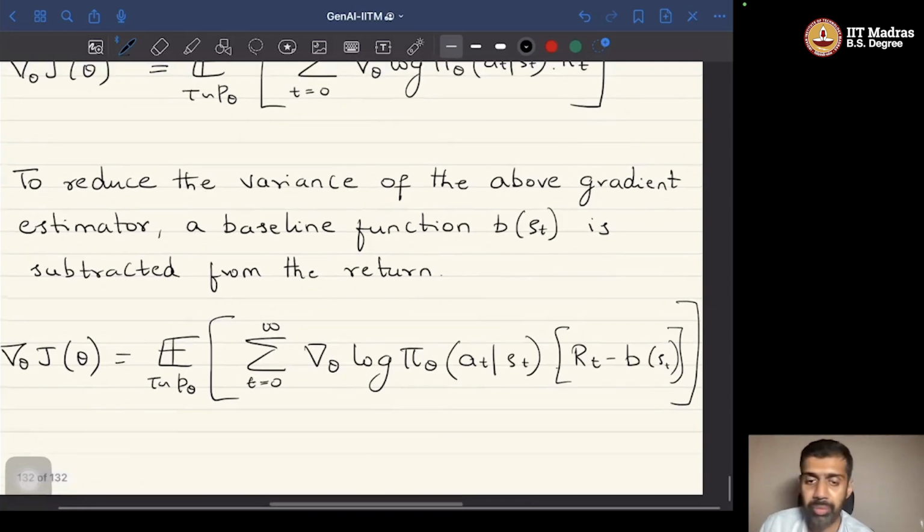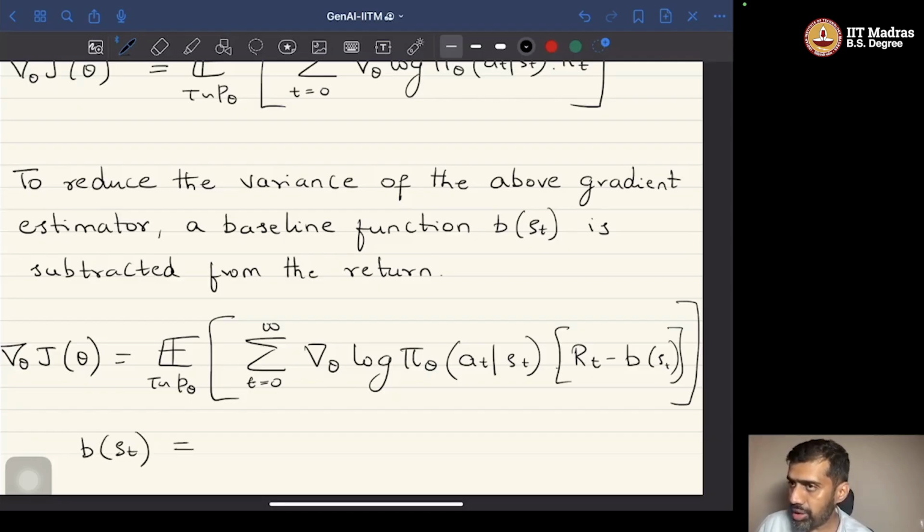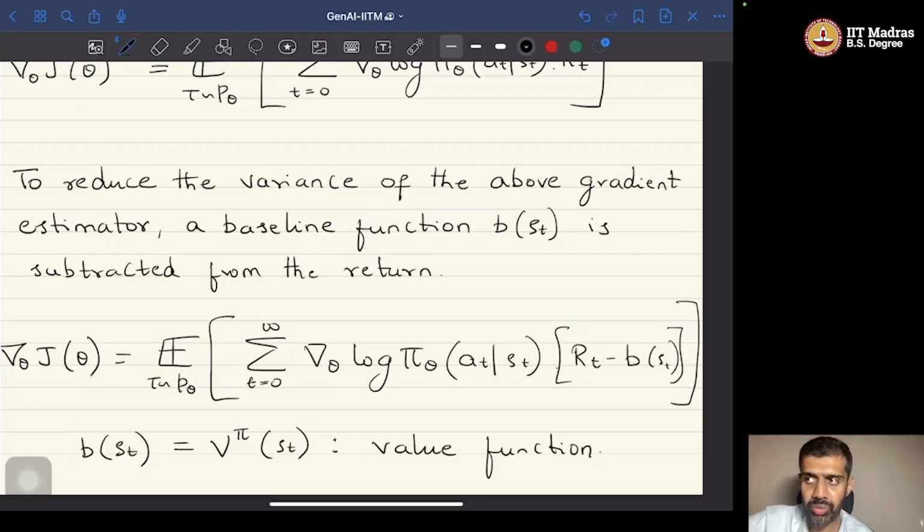Now there are multiple choices that have been made in several algorithms in the literature. One of the famous choices that is made for the baseline function b of st can be taken to be what is called the value function v pi of st. So this is one of the choices that is made for the baseline, and it has been shown to be very efficient in terms of computation of this particular gradient.